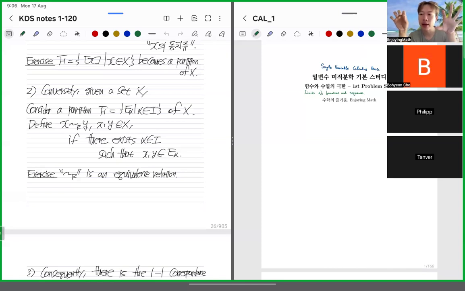But if we have A, B, C in one set and 1, 2, 3 in the other set, then we can't have reflexivity, right? Yeah, we cannot have reflexivity here, so that's the ultimate problem.